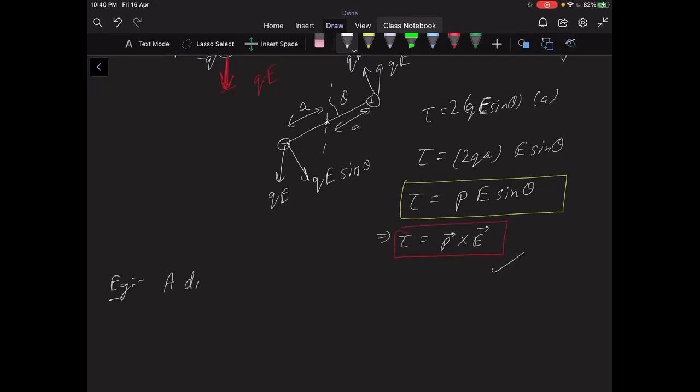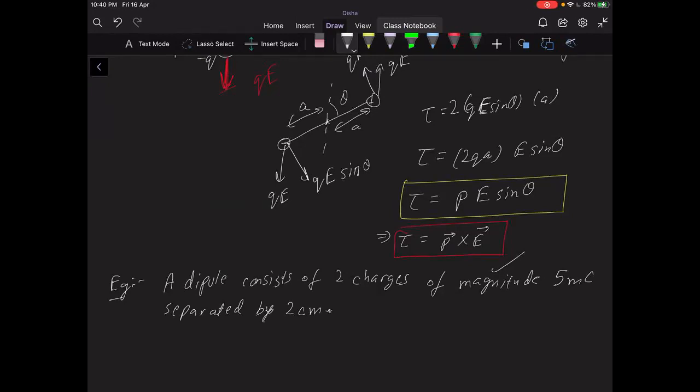A dipole consists of two charges, of course, two charges of magnitude 5 millicoulomb, separated by 2 centimeters. Okay, this is the first statement. I have told you just the charges and the separation.